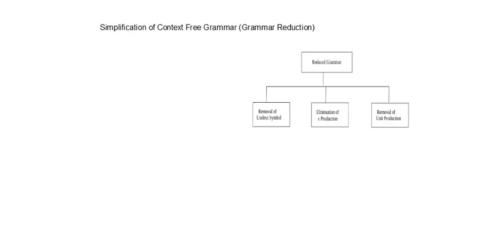A context-free grammar will be represented like this. Let us call the grammar G. So G is equal to (V, T, P, S). What is V? The set of variables, or set of non-terminals.